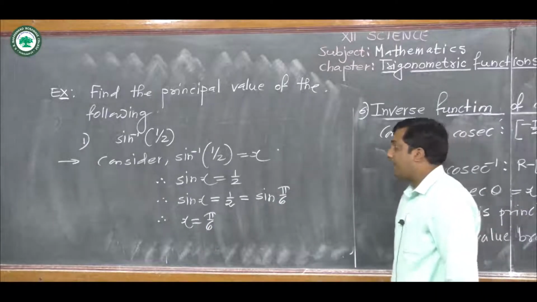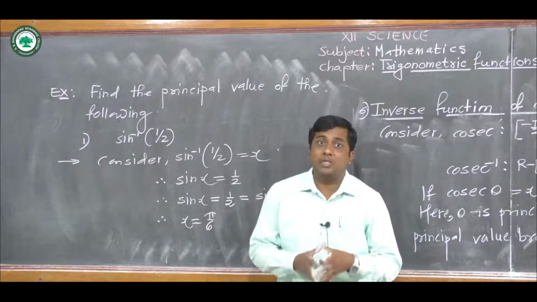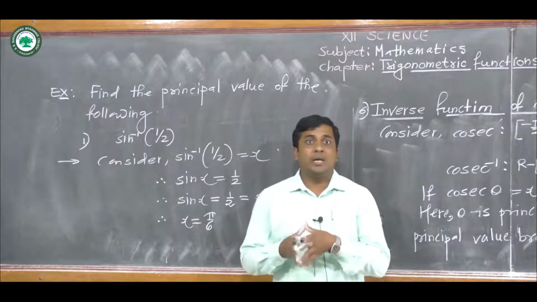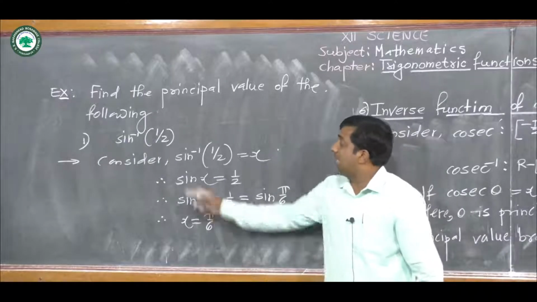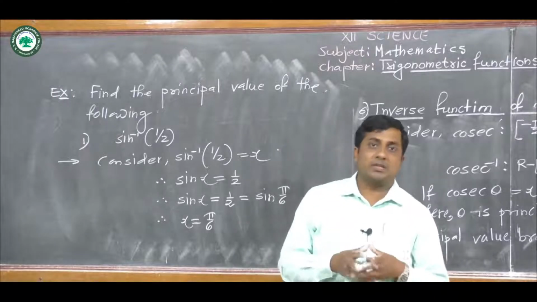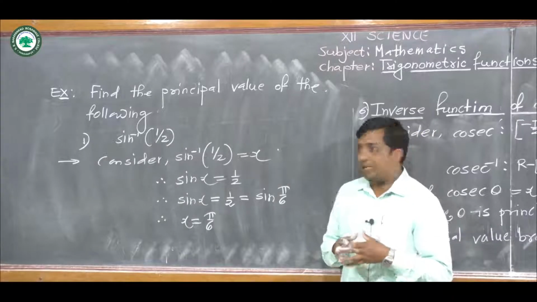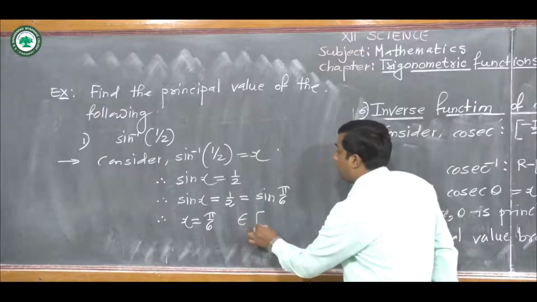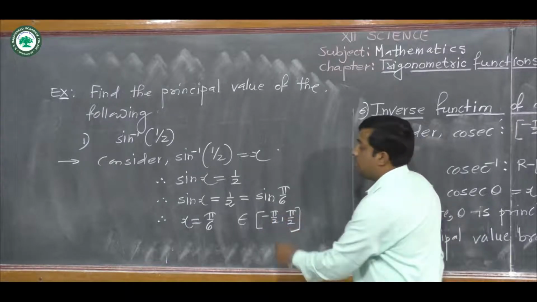Now we have to check whether this x lies in the principal value branch or not. Everyone knows the principal value branch for sine inverse is the closed interval minus pi by 2 to pi by 2, and this belongs to the closed interval minus pi by 2 to pi by 2.